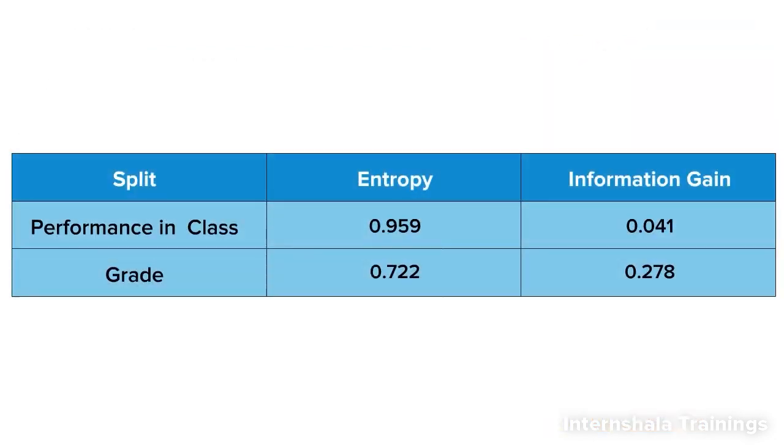Now we will compare the entropies of two splits, which are 0.959 for split on performance in class and 0.722 for split on class. As you know, information gain is calculated as 1 minus entropy, and these are the values as shown here. For performance in class, information gain is 0.041 and for class it is 0.278.